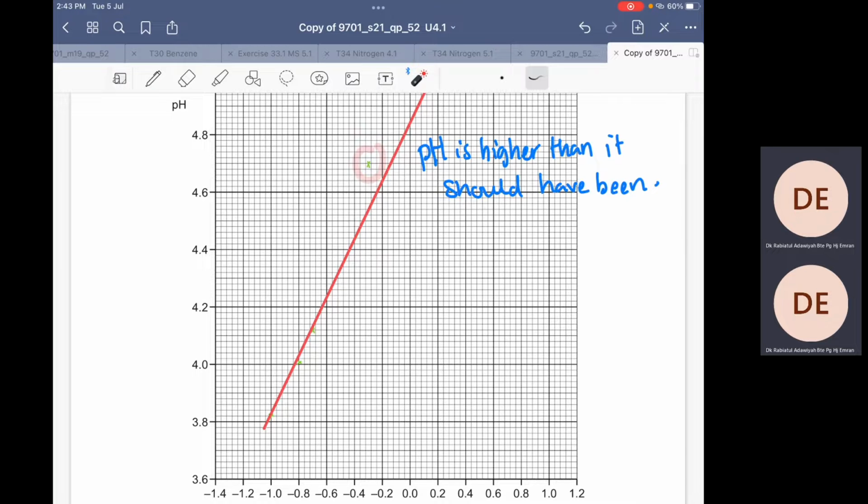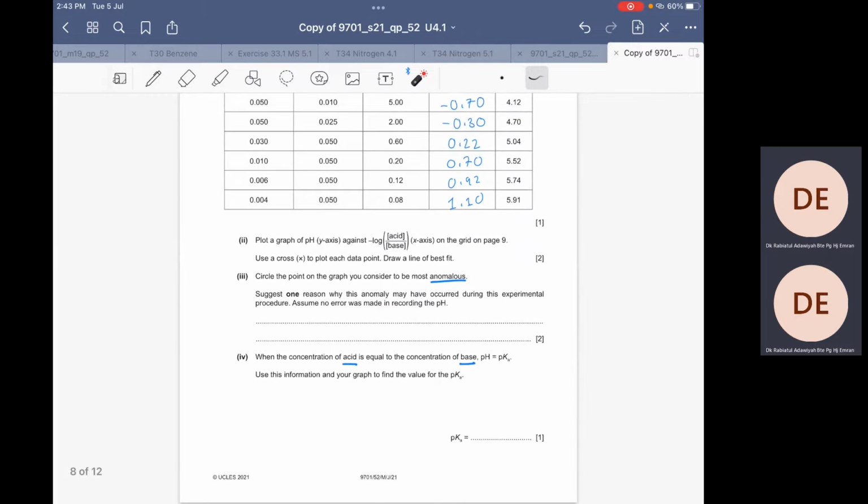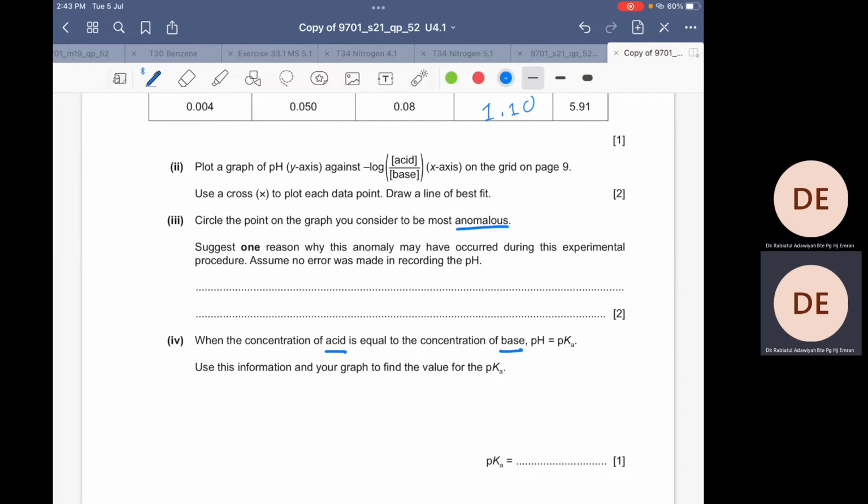So the amount of hydroxide ions is actually a little bit lower than expected. So one reason is that the moles of base is higher than what was recorded.